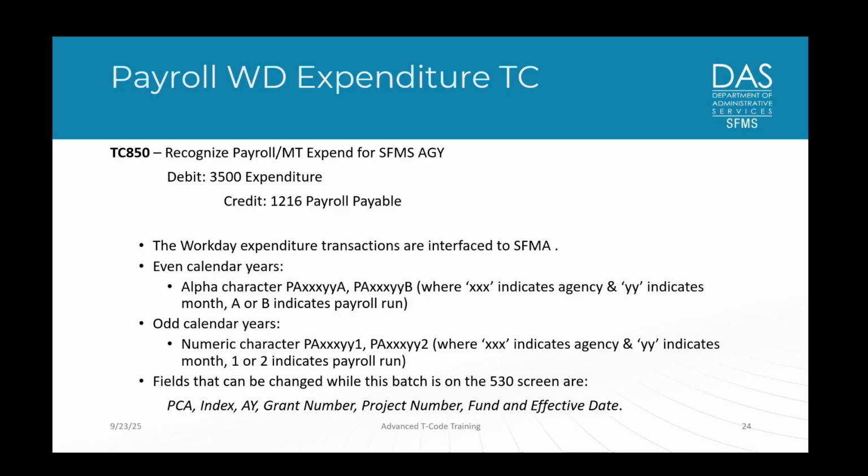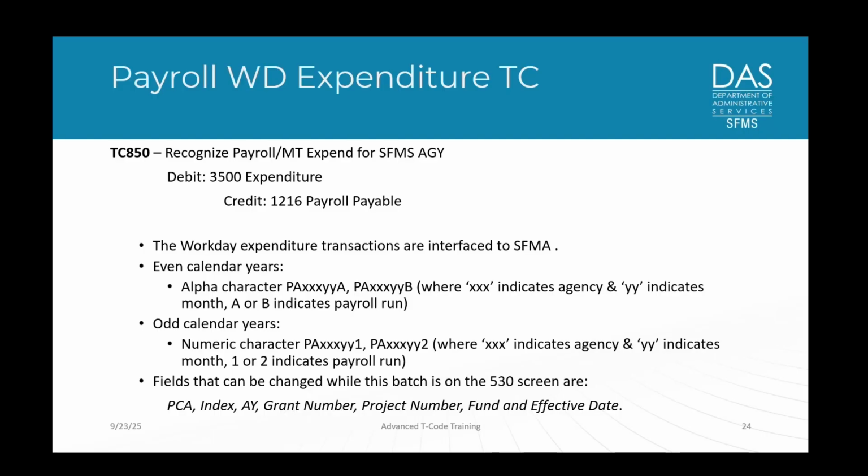The batch number comes with PA, then 3 digits indicating the agency number, and 2 indicating the month, and it ends with A or B indicating the runs, run 1 and run 2. It will use alphabetic if it is in even calendar years, and numbers, 1 or 2, if we are in odd calendar years.